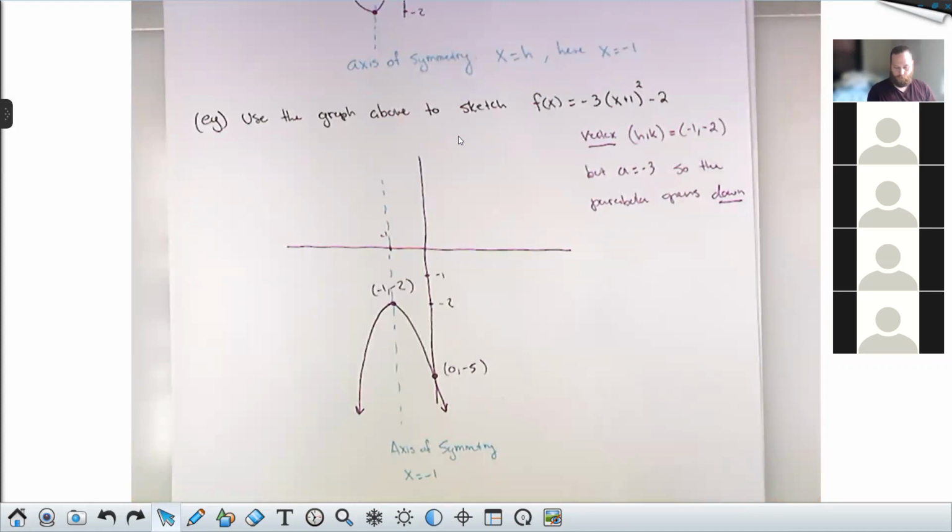So the closest thing to a direct connection between the number a and the graph is the vertical step between the vertex and a point 1 unit to the right of the vertex. That's a cheat code. That's not something I'm supposed to tell you, but the tutors are going to tell you anyway, so I might as well. Okay.